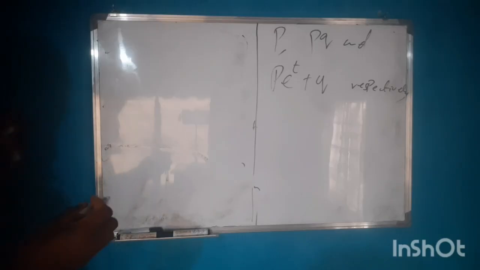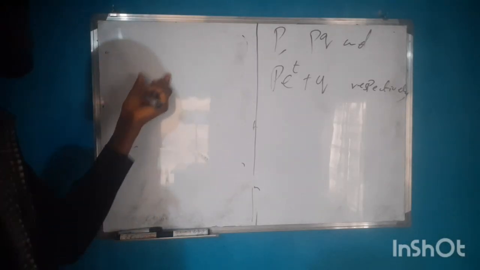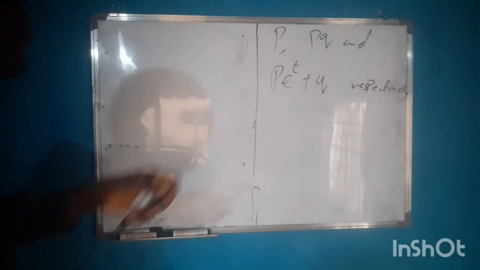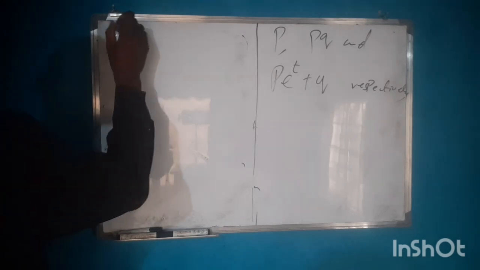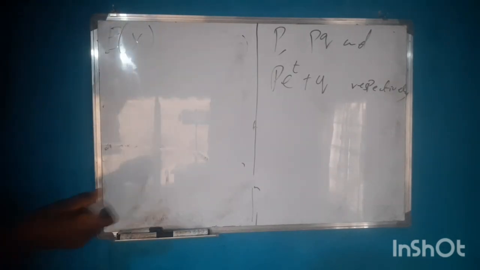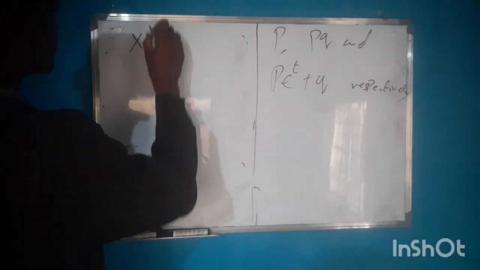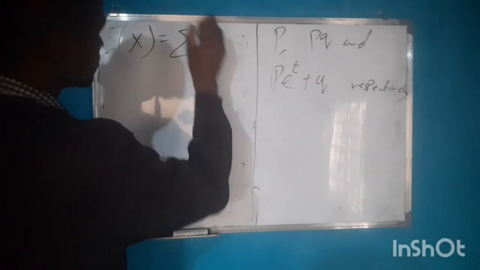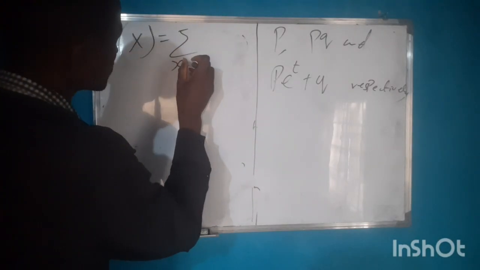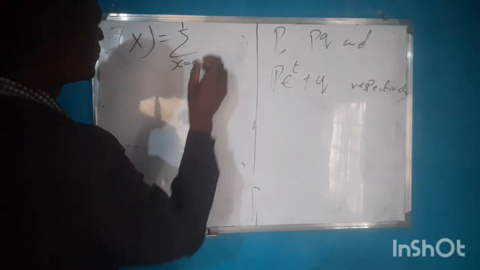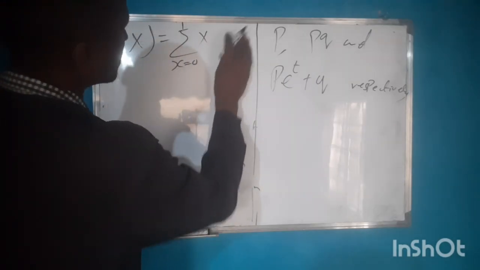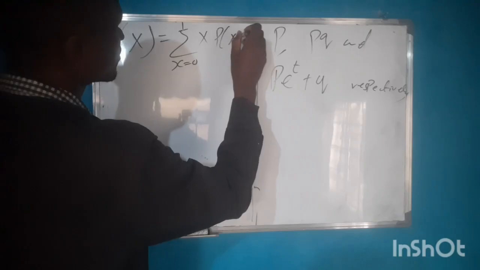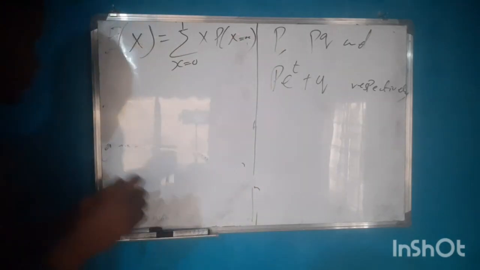We are trying to prove why the expected value of X of a Bernoulli distribution is equal to P. The expected value of X is equal to the summation as x goes from 0 to 1 of x multiplied by the probability of X equal to small x.